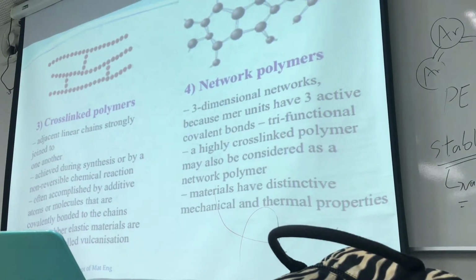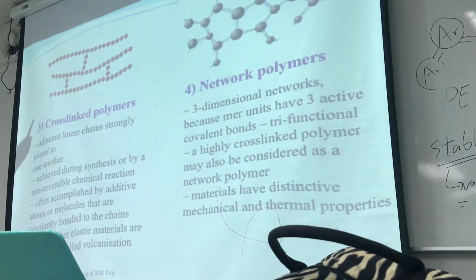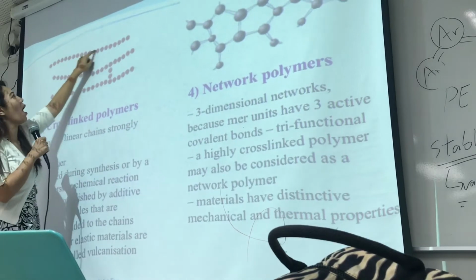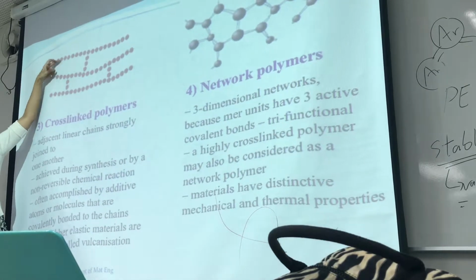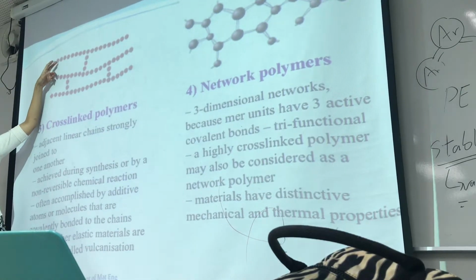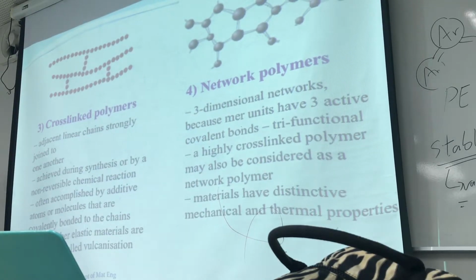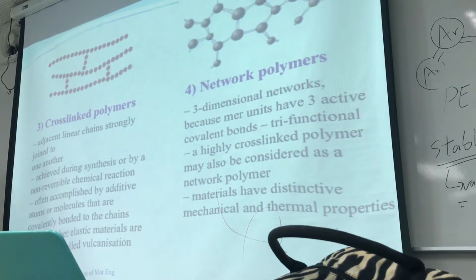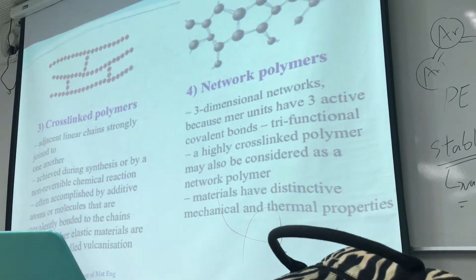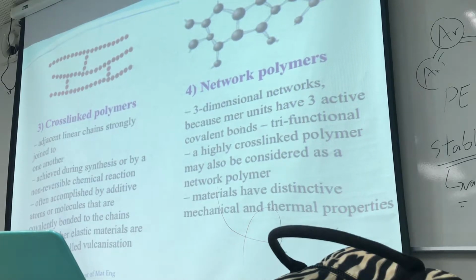Normally I told you, in a common polymer, the bonds within the chain are covalent, but between the chains, they are linked with van der Waals or hydrogen bonds. But in this case, you have covalent bonds, so it's quite strong. This one you will see a lot in rubber, or elastomer.